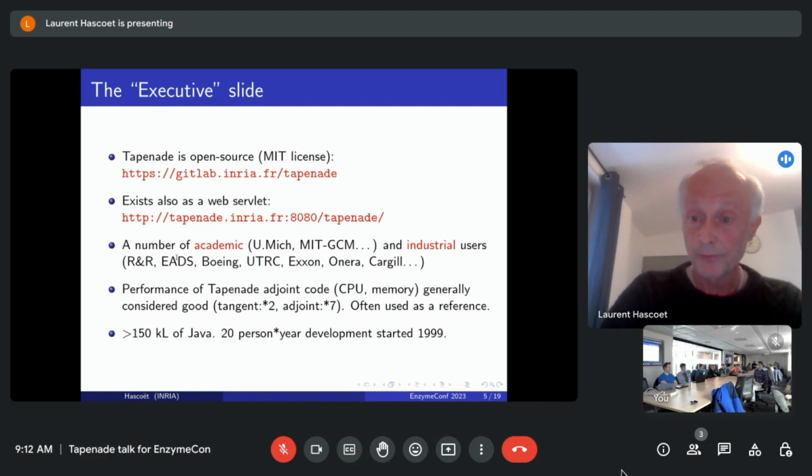It's often used as a reference. I saw several times presentations where people use Tapenade as the reference for their timings, which is always pleasant to see. It is 150,000 lines of Java and 20 person-years of development, started in 99.